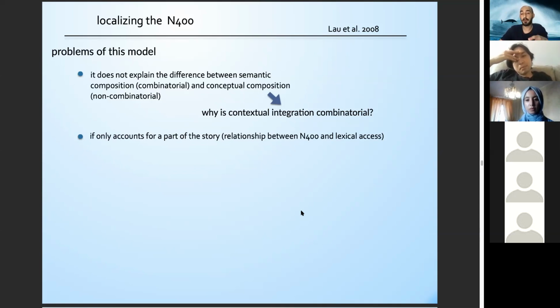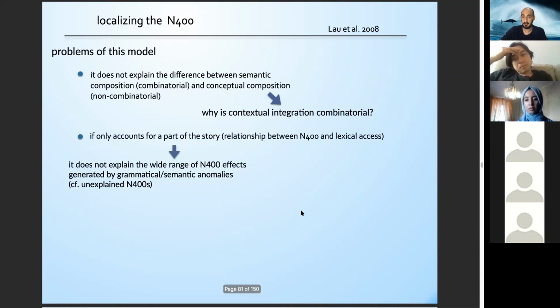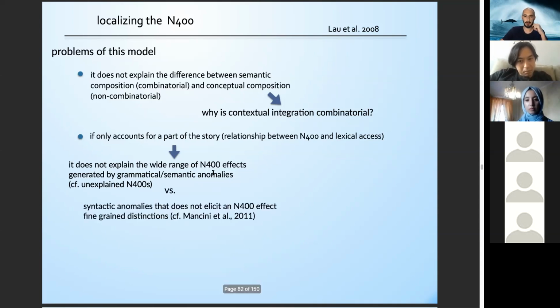So it might focus on all these effects that give you an N400 for lexical access problems, like words that are not predictable from the context, right? But it doesn't explain a wide range of grammatical N400, like the one that I showed you. And it doesn't explain why certain syntactic anomalies do elicit N400 and other syntactic anomalies don't, right?